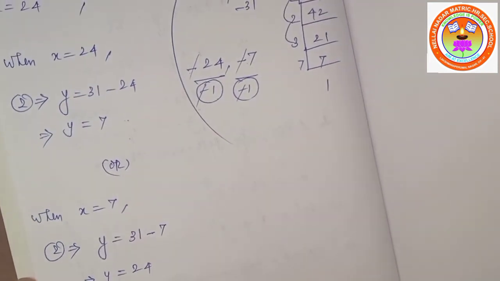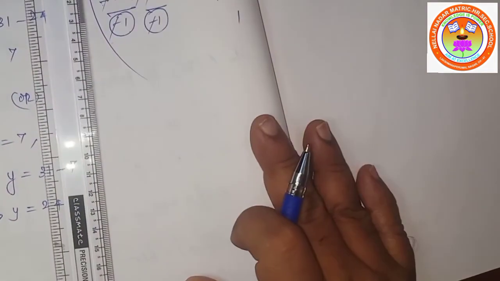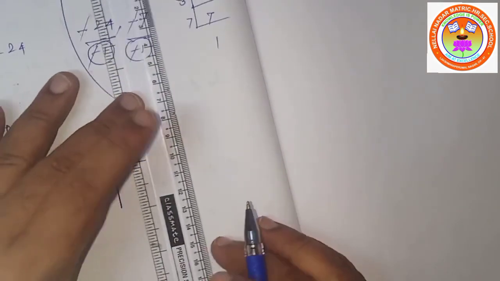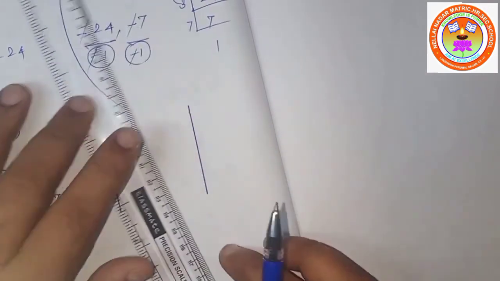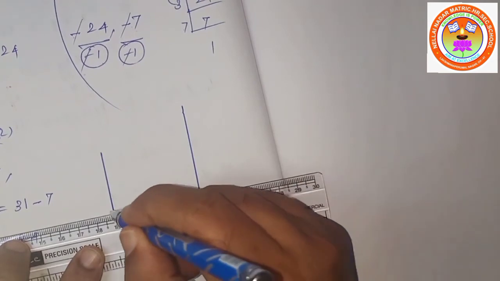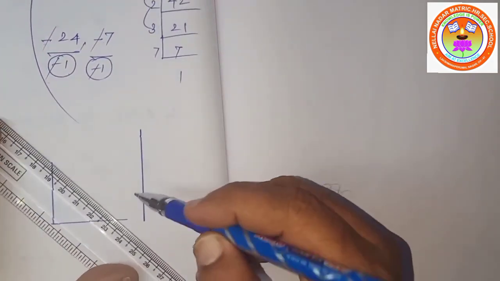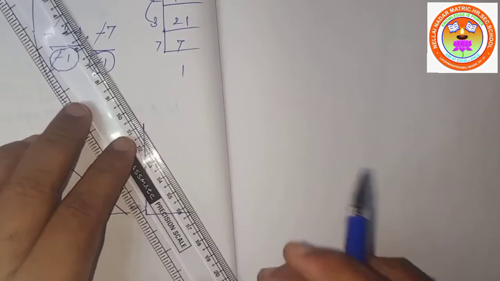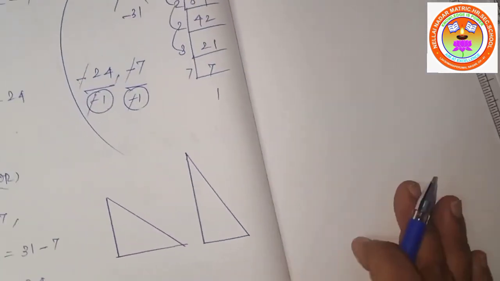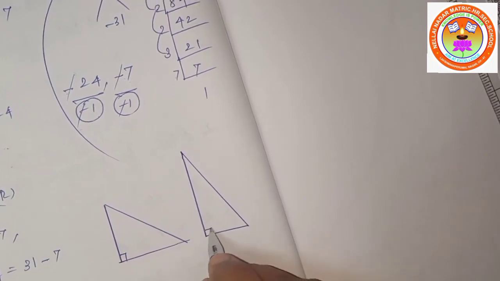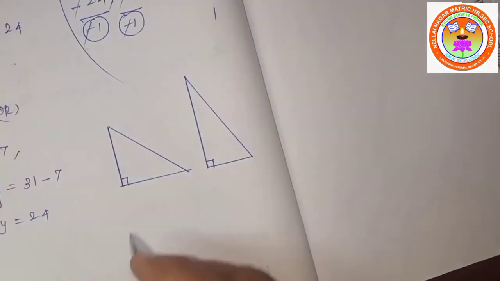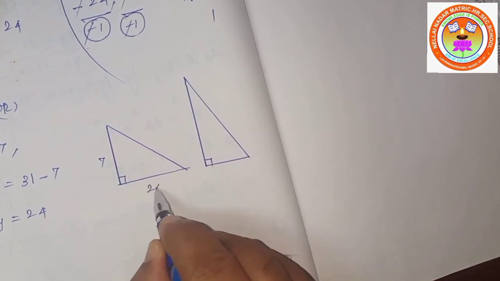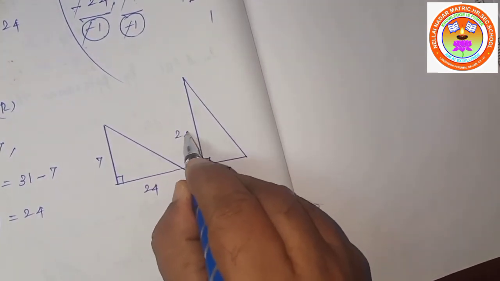I draw the diagram. If it is 7, it will be 24.